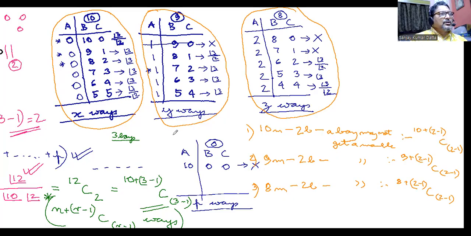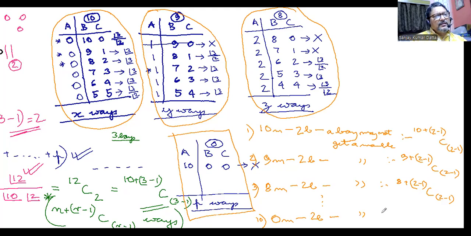And dot dot dot. Finally, we had distributed 0 marbles among 2 boys, so that a boy may not get a marble. And the result was 0 plus 2 minus 1 C 2 minus 1.